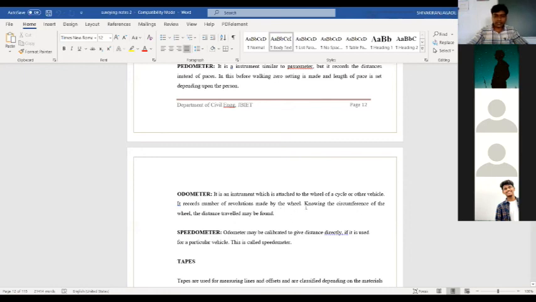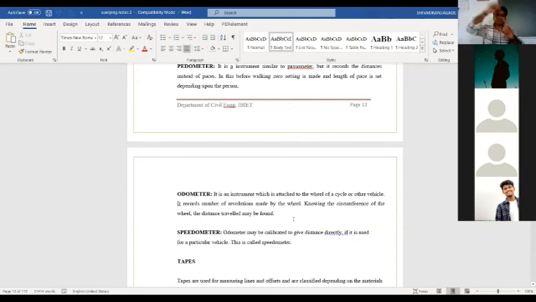So the odometer records only the number of revolutions made by the wheel. How are we going to know the distance? Knowing the circumference of the wheel, the distance traveled may be found.